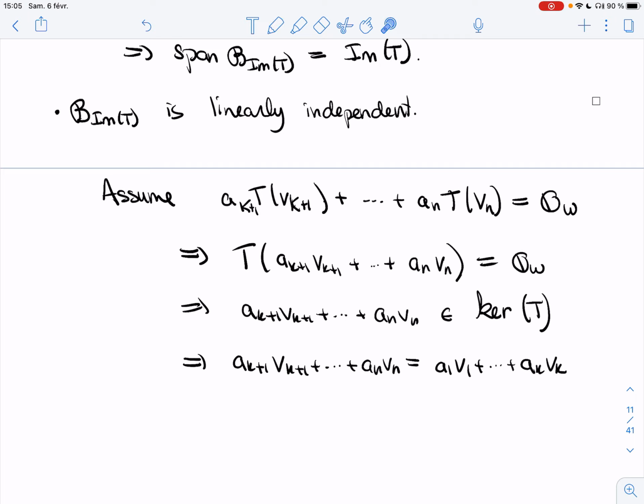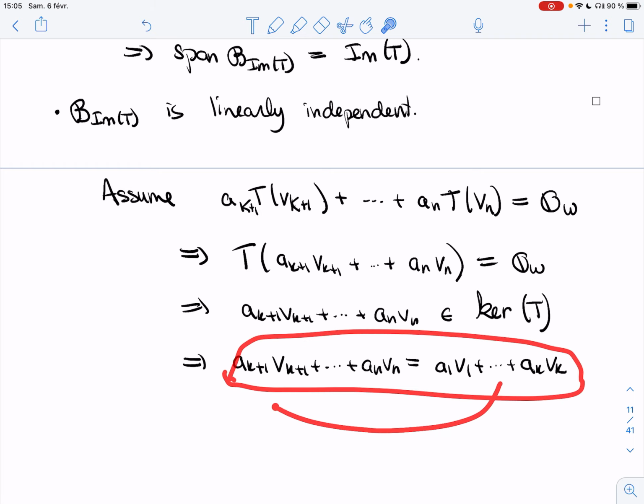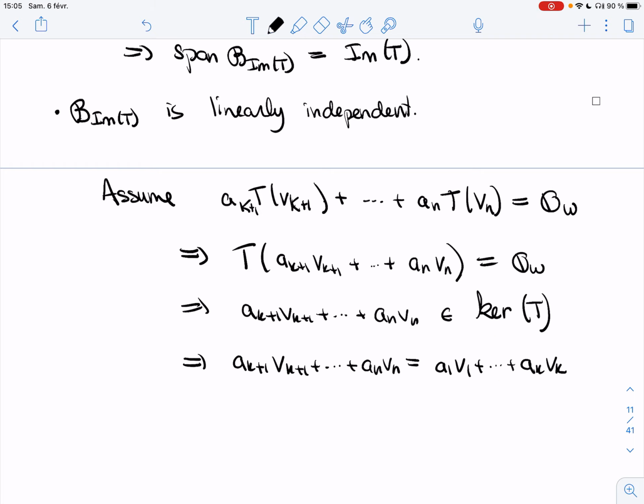All right, so maybe you see what's going on. I actually have a single linear combination here. If I send all of this to the other side, what I get is minus a1 v1 plus up to minus ak vk plus a(k+1) v(k+1) plus up to an vn equals 0.